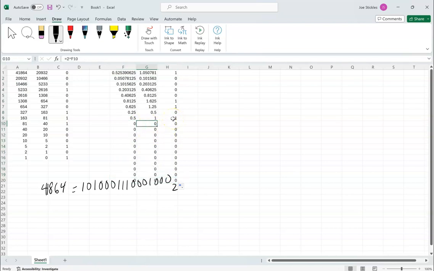So the decimal part then is, we read down, 1000001101. And that'll be 0 point, and then that's base 2.